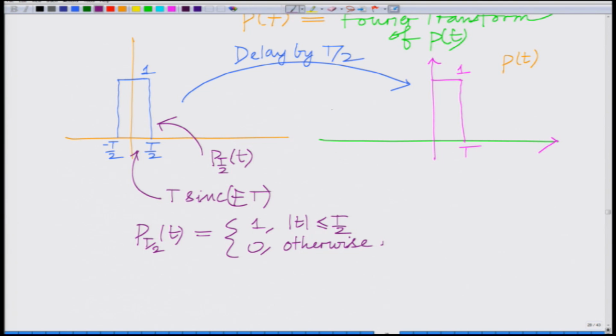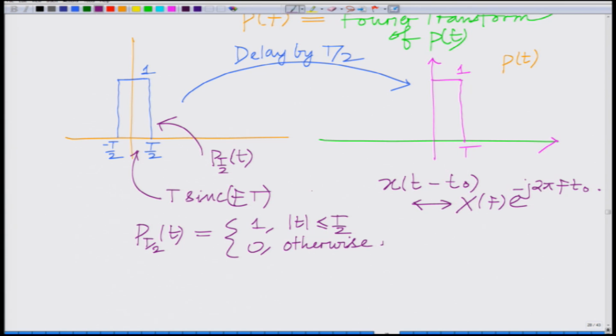So, this is Pt by 2 of t delayed by t by 2. Therefore, Fourier transform of this using the modulating property, that is x of t minus t naught, if Fourier transform of x t is X f, this will be X f e to the power of minus j 2 pi f t naught.